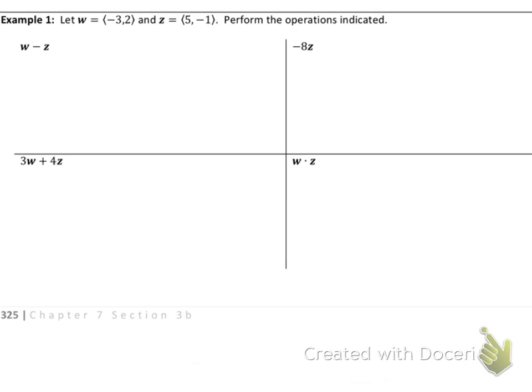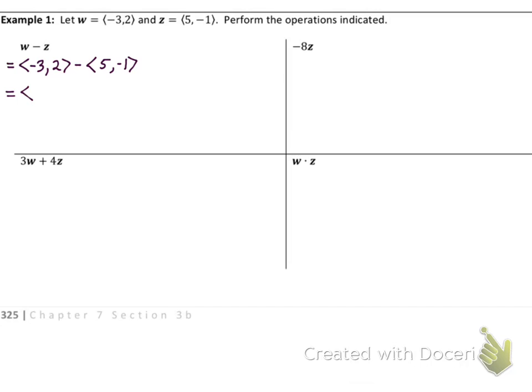All right, let's go ahead and practice these real quick. Well, we have vector W and we have vector Z. The first thing I'm going to do is take W and subtract Z away from it. So another way we can note this is just saying that, well, this is negative 3, 2, minus our vector Z, which is 5, negative 1.